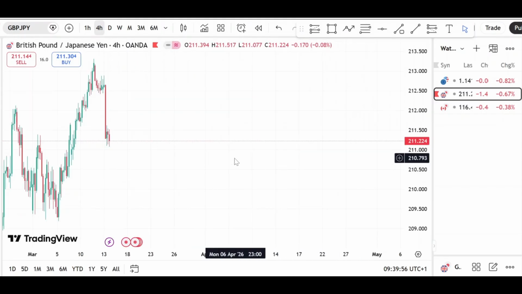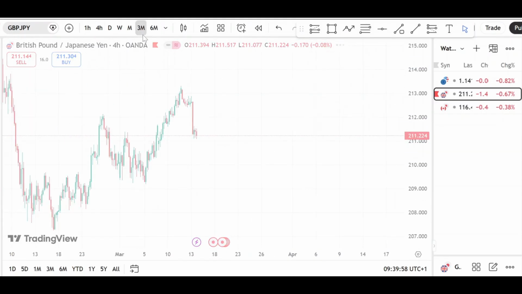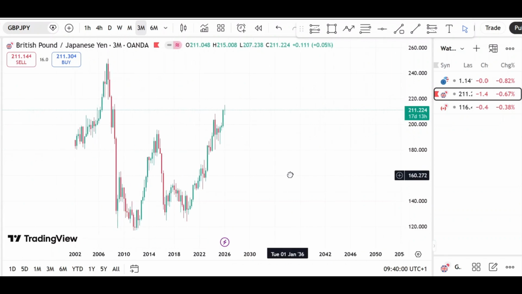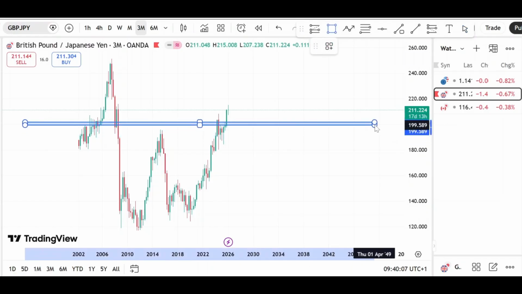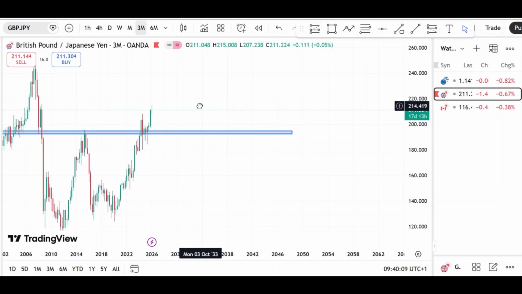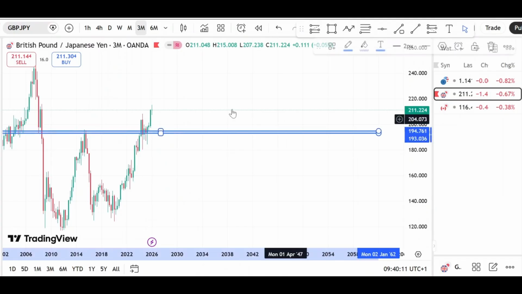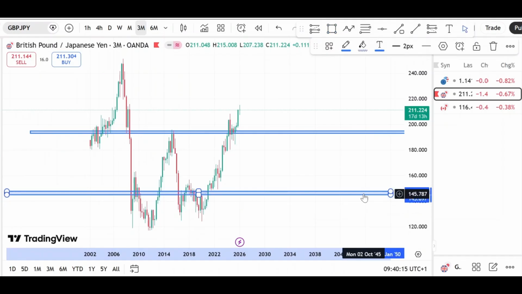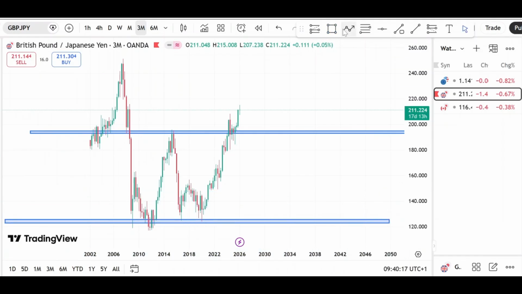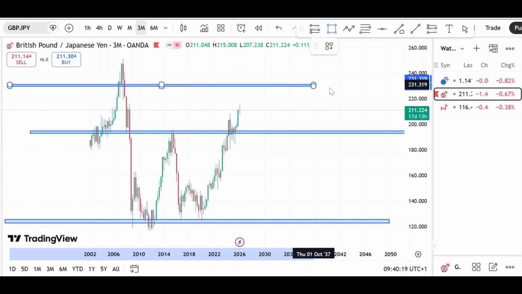Also, as you can see, let us start in a 3-month time frame. In the GBP JPY, we have been seeing a 3-month midway zone, a 3-month lower zone, and a 3-month upper zone.